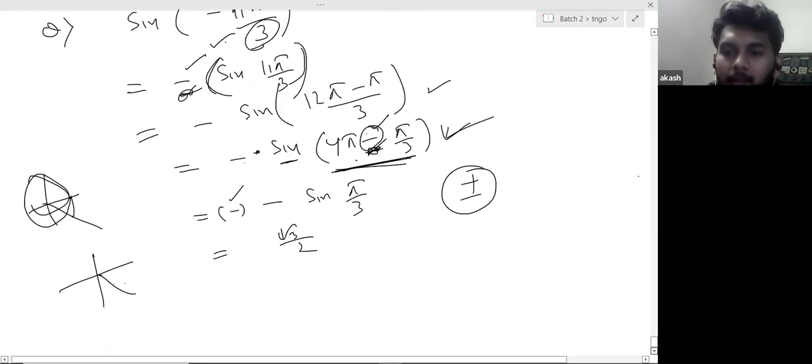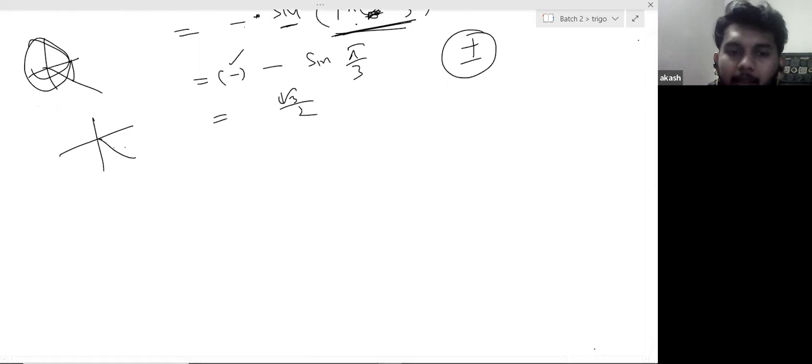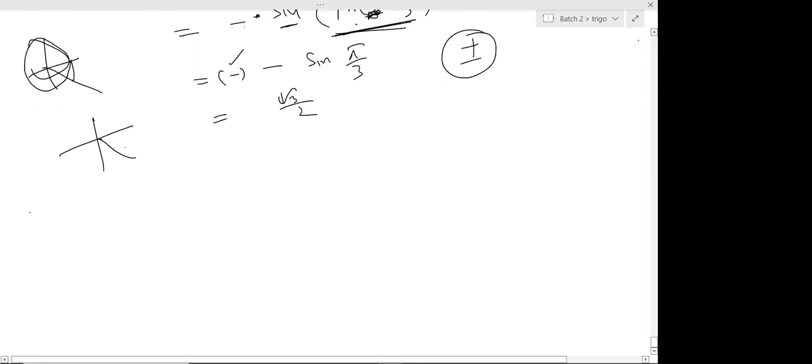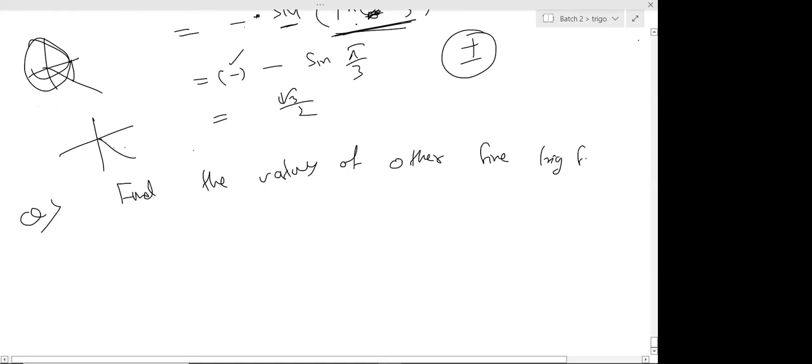Next question. This is a new type of question. Write it down. Find the values of other 5 trigonometric functions.